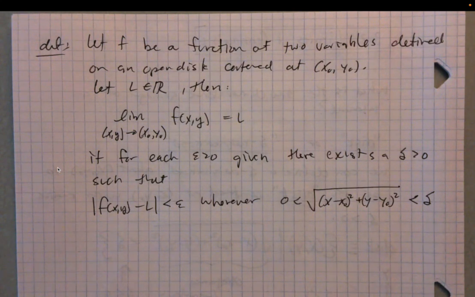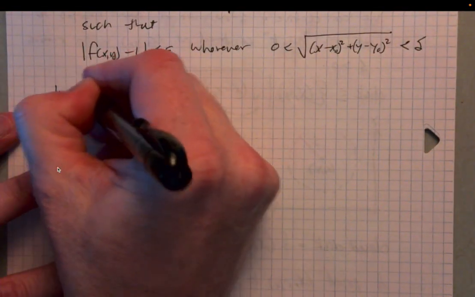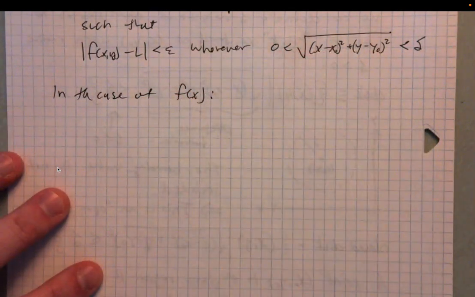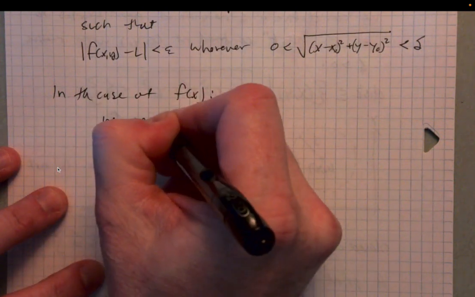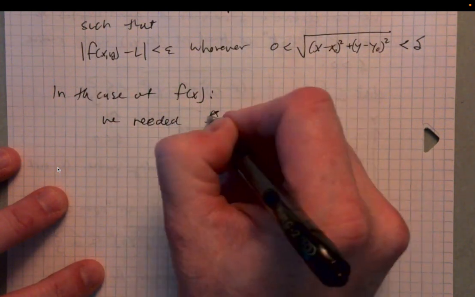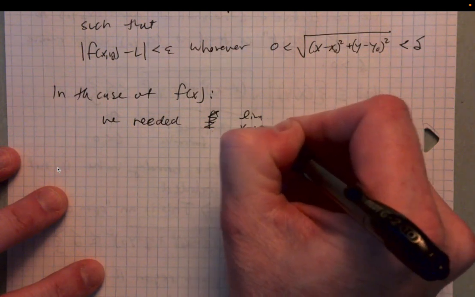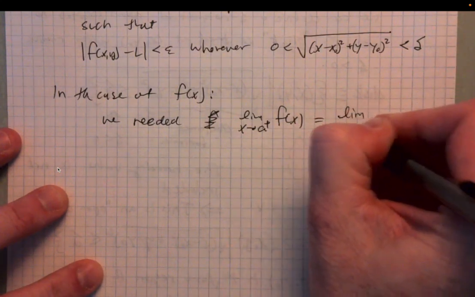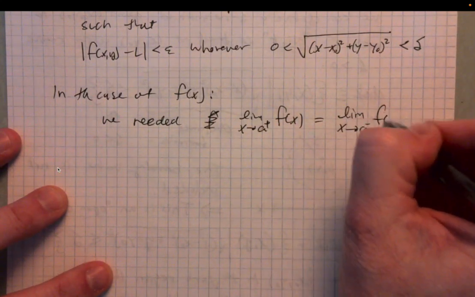Okay. Now, one thing to note about limits in general when you have two variables is that in the case of one variable, in the case of f(x), we needed the limit as x approached a from the right to be equal to the limit as x approaches a from the left.